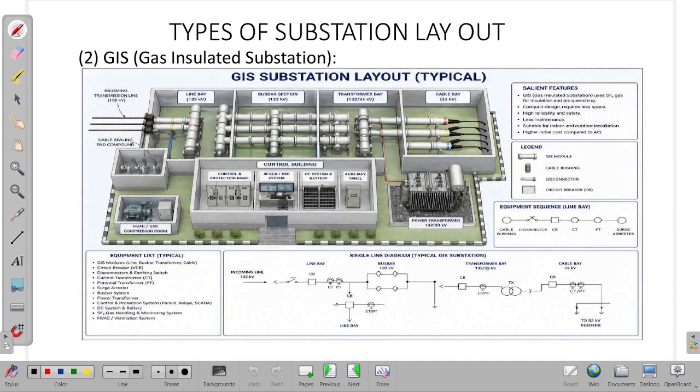So this is the substation layout for a GIS substation, gas insulated substation. Later on, we'll discuss more about these substations.